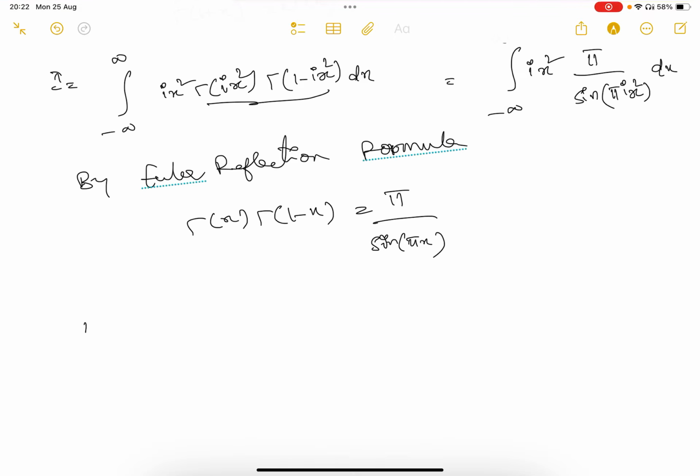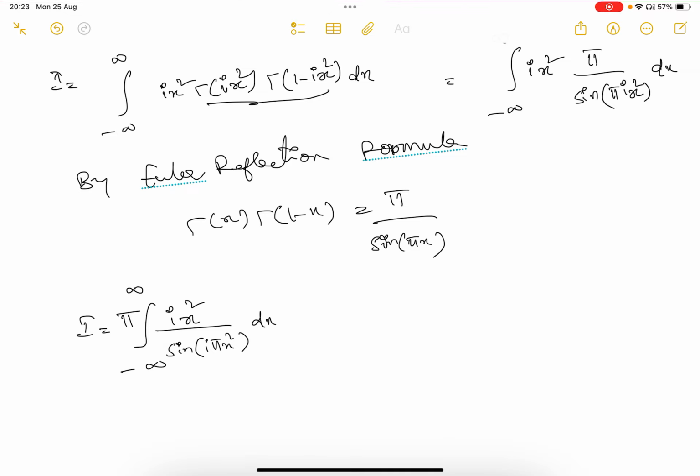So finally I equals the integral from minus infinity to plus infinity of i x squared into, let pi come out because it's a constant, then it will be pi by sine of i pi x squared into dx.